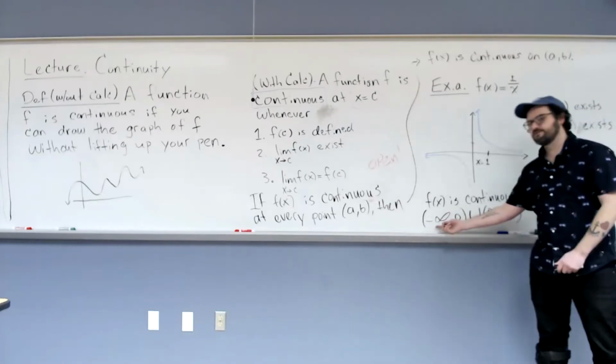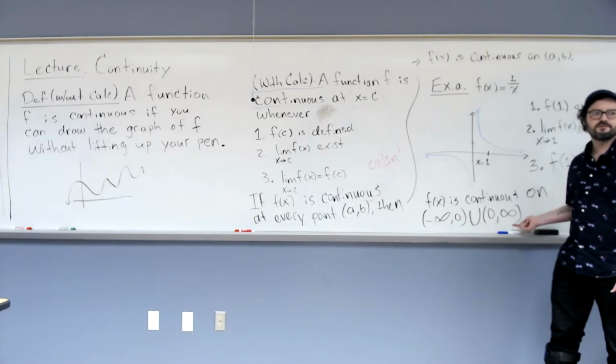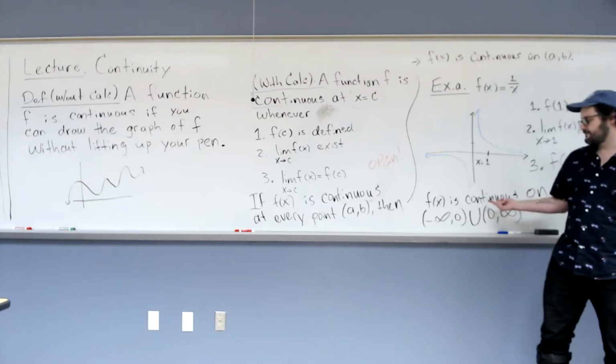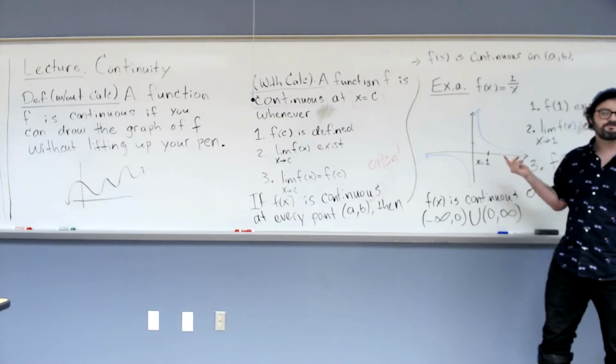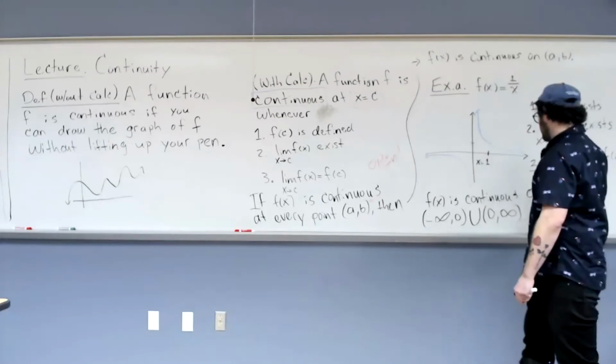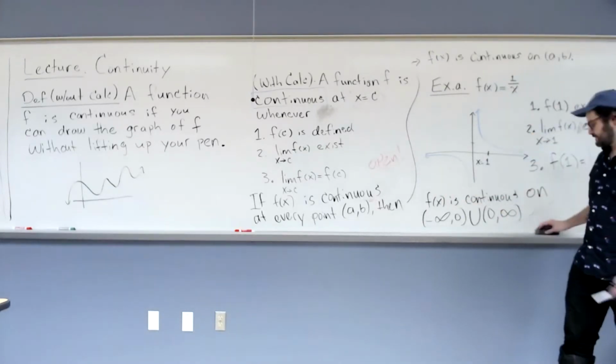This is using interval notation. All of those x values together with that union, this function will be continuous at. So that's one way of discussing the continuity of this rational function.